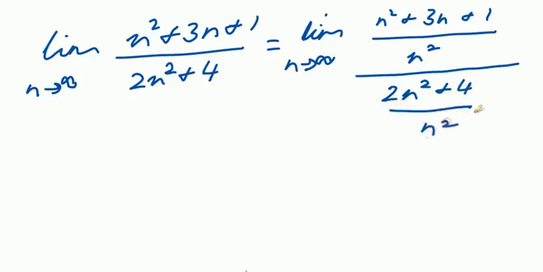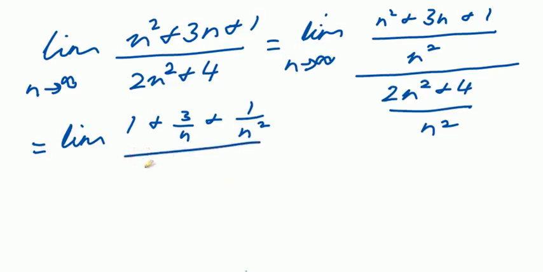So that will be the limit of 1 plus 3 upon n plus 1 upon n square, upon 2 plus 4 upon n square.